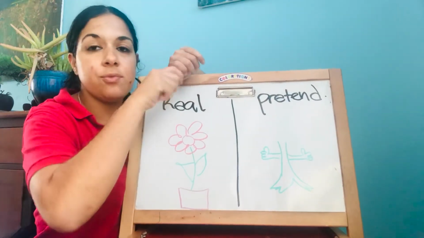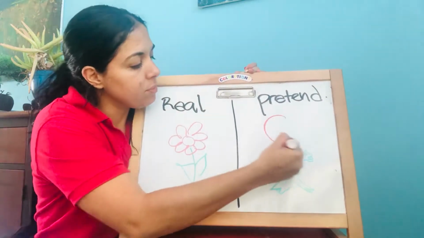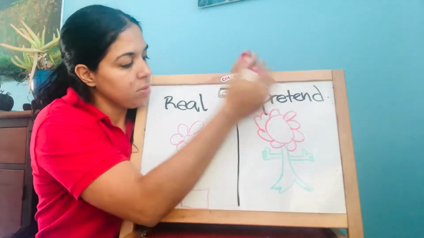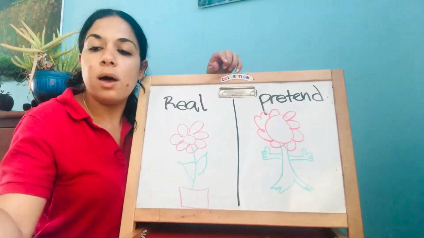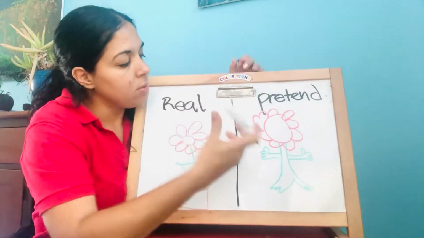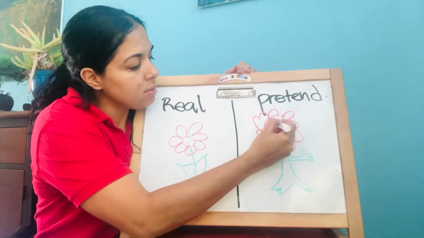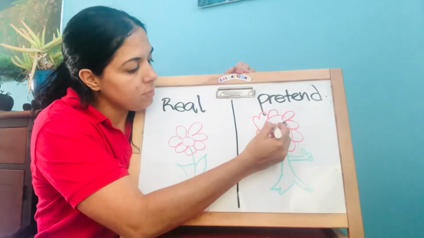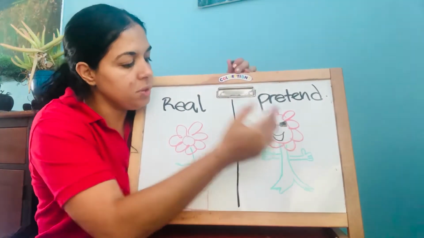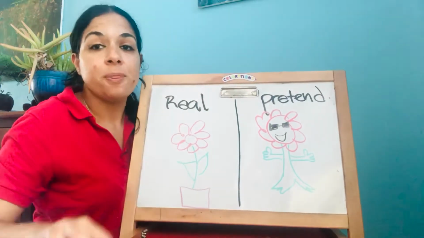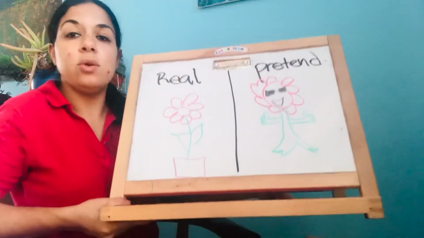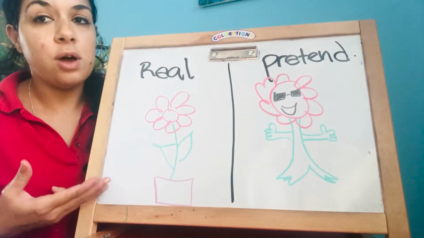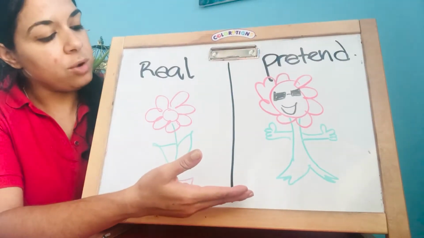My pretend flower is going to have sunglasses, and it's going to be smiling. So I'm sure you can see now the difference between my real flower and my pretend flower.